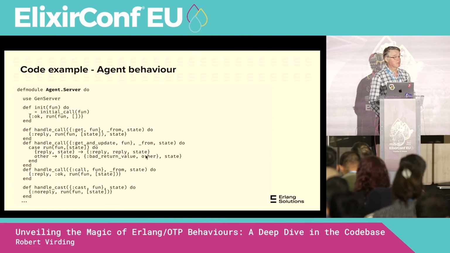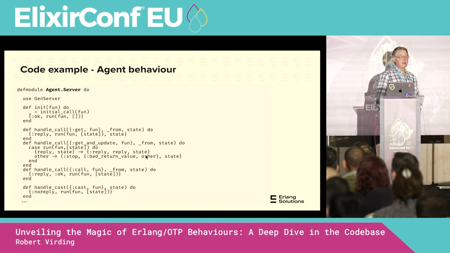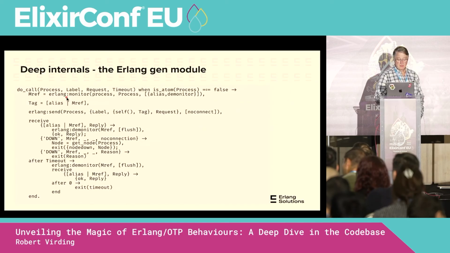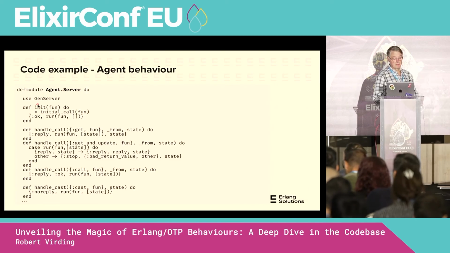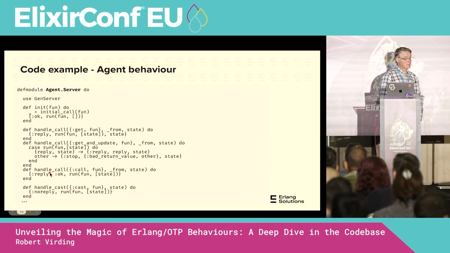Here is the agent server, this is the module we provide all the callbacks in. And we see here with the use that it's a gen server, and here we have the init callback, which is going to be called when we do start up. We have a handle call, which is going to be called when we get a call request coming in, and we do different things.